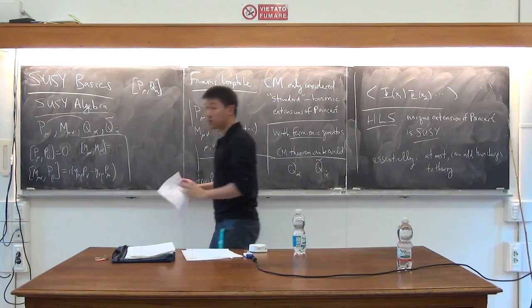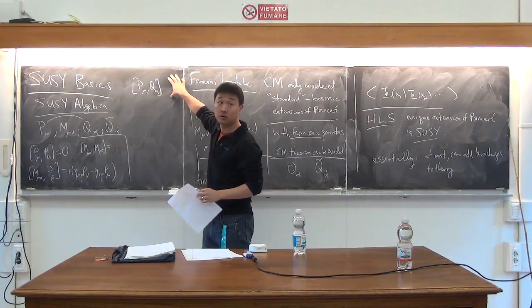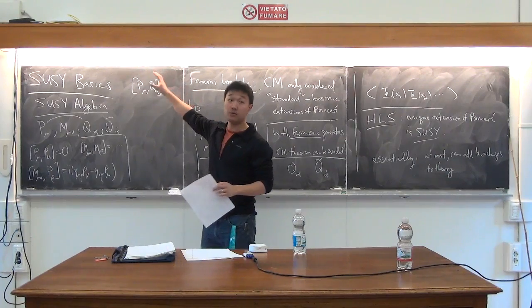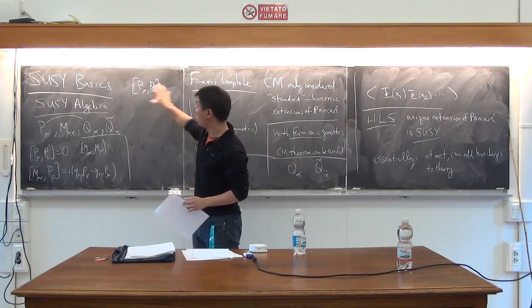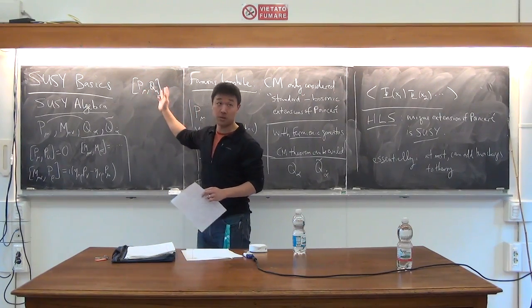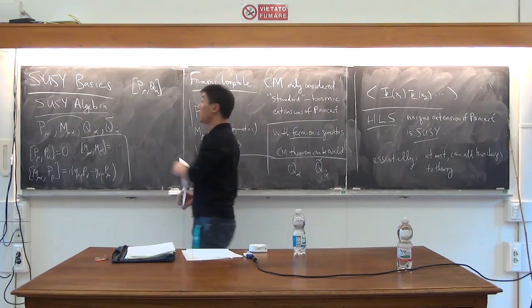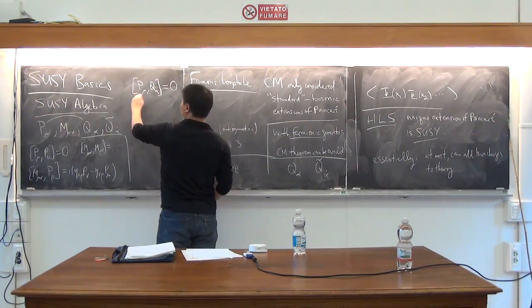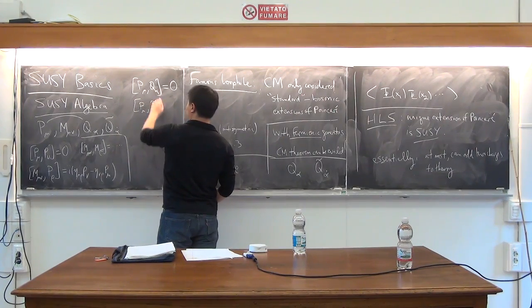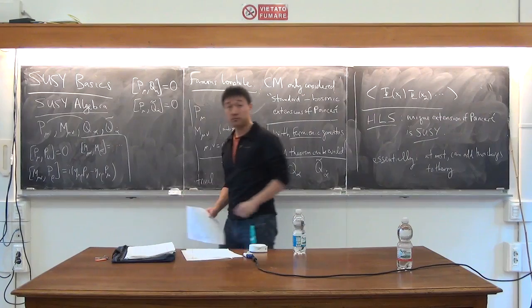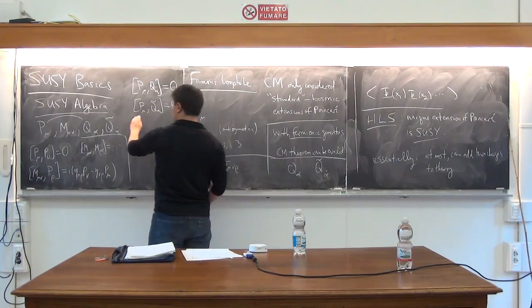Well, there's no other charge that could go here, other than Q alpha itself. Actually, you can't put a Q alpha there because this thing has spin 3/2. So this has to be 0. And also, this one has to be 0.